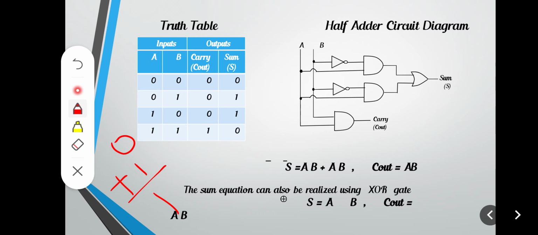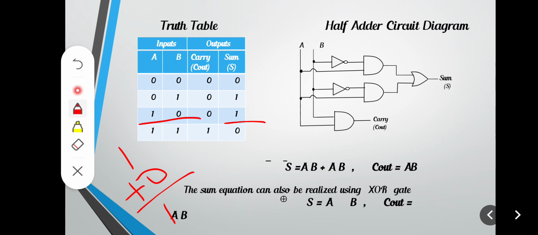That means the sum is equal to 1 and the carry bit is equal to 0. Likewise, 1 plus 0 is equal to 1. That means whenever a is 1 and b is 0, the sum bit is equal to 1 and the carry bit is equal to 0.